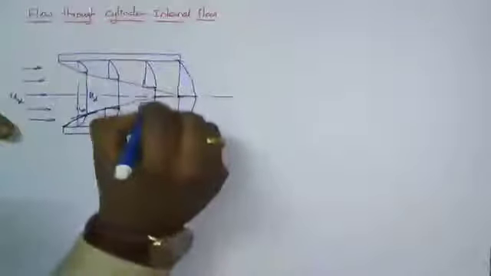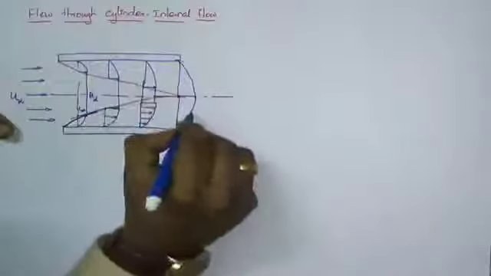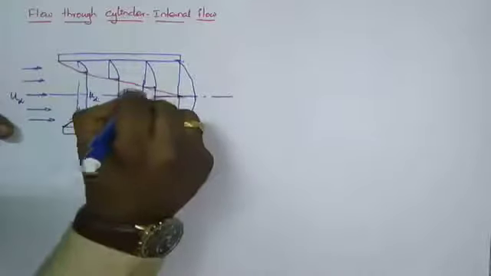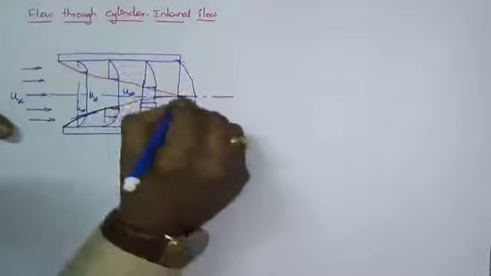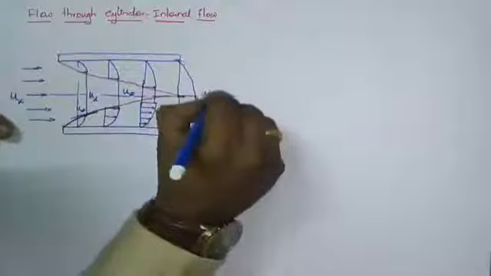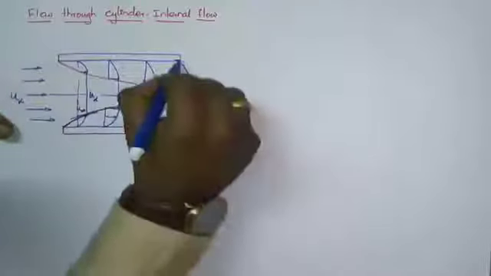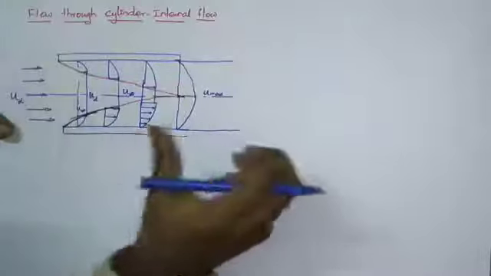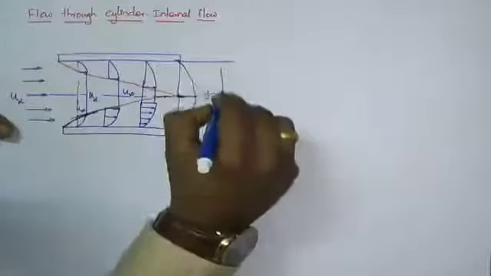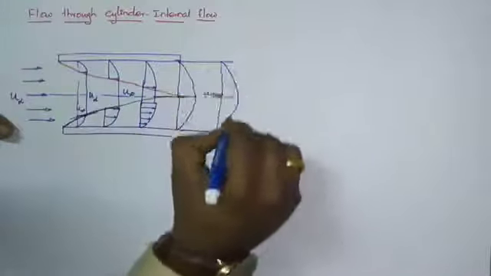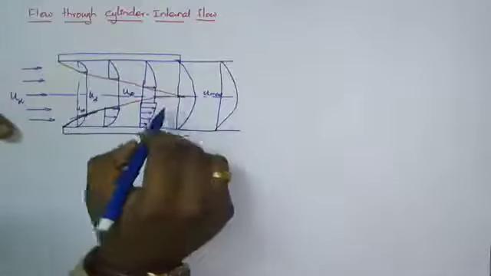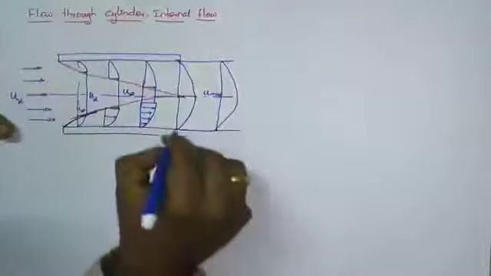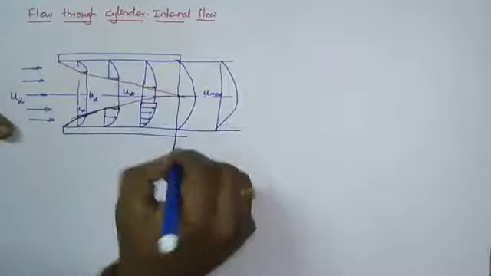Now, if you consider this, here the velocity will be u infinity, and at this point the velocity will be u max. Now, if you consider anywhere in the length of the pipe, the velocity profile will be similar, that is, the velocity profile will be constant throughout the length of the cylinder after this point, right?